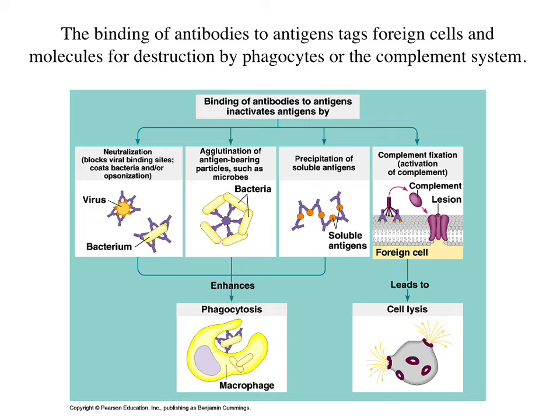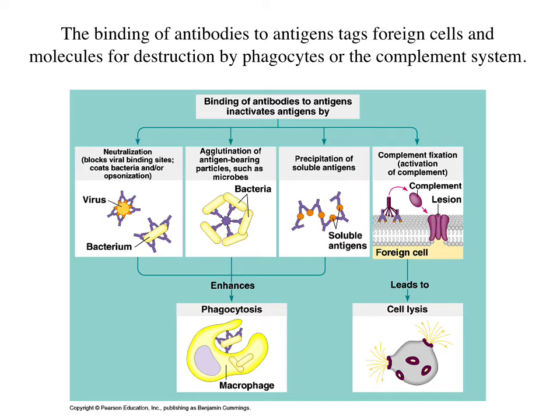Then we have agglutination. This results in the opsonization of the virus, and the large complexes are easily phagocytized by macrophages. Then there's precipitation. You have cross-linking of soluble antigen molecules to immobile precipitates. Or you can have activation of the complement system.